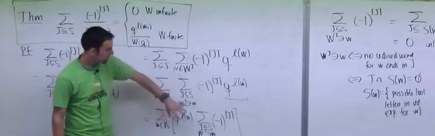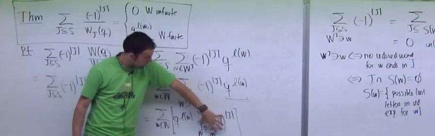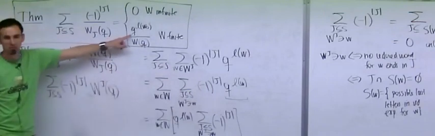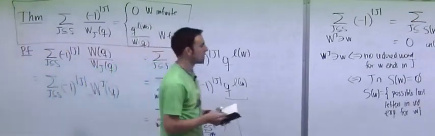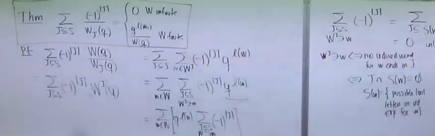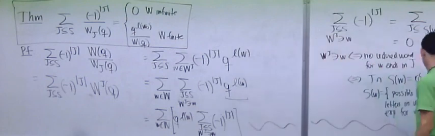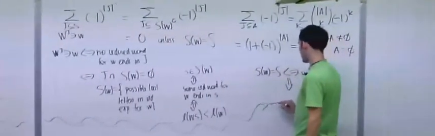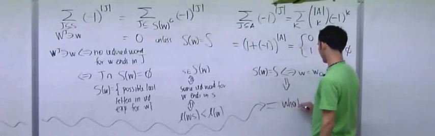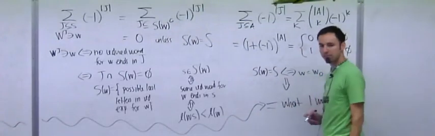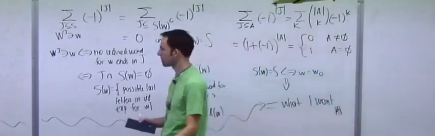And for the longest word, I have a 1 here times q to the length of w naught, which is exactly what I need. So by this reason, this equals what I want. Any questions about that?